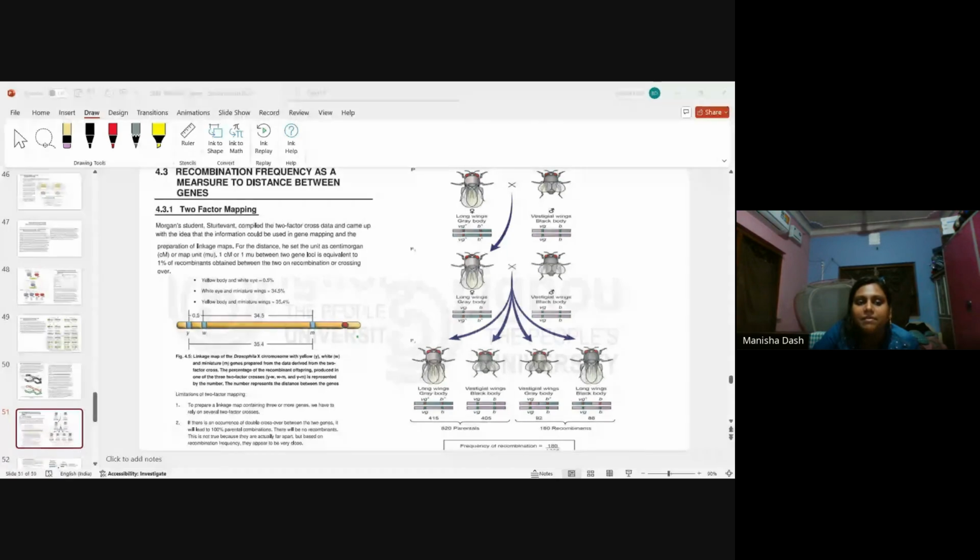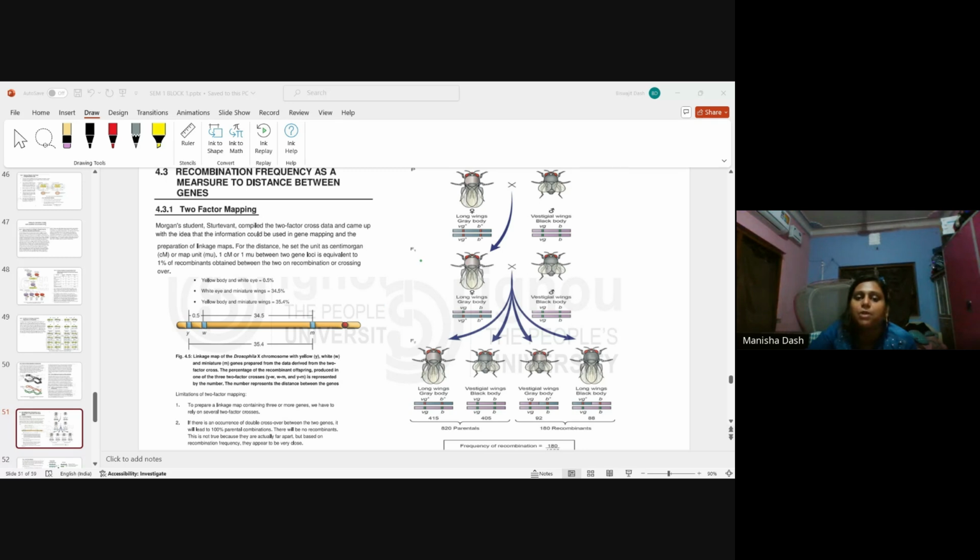So 180 divided by 1000, that is 18. So what is the distance between these two genes? The distance between these two genes can be expressed as 18 map units or 18 centimorgan.